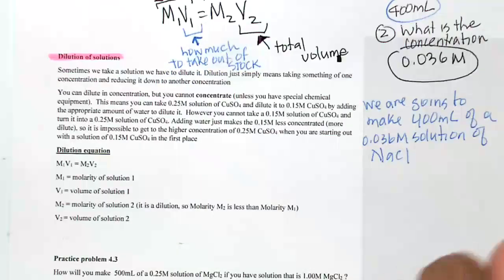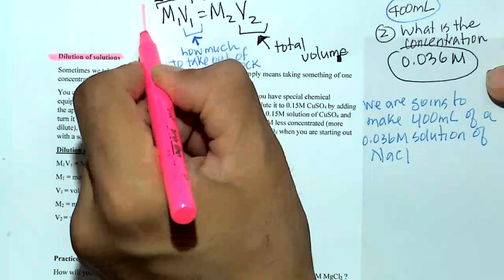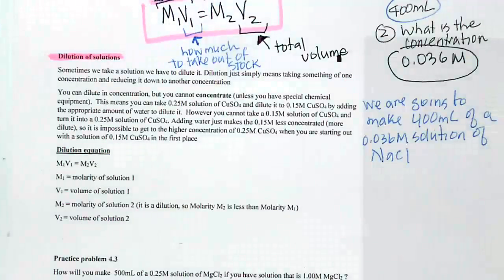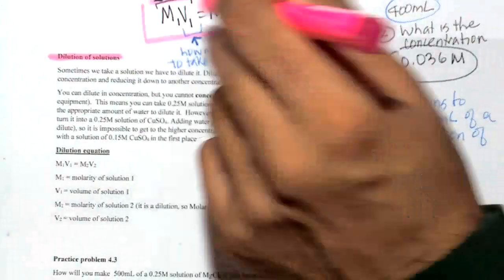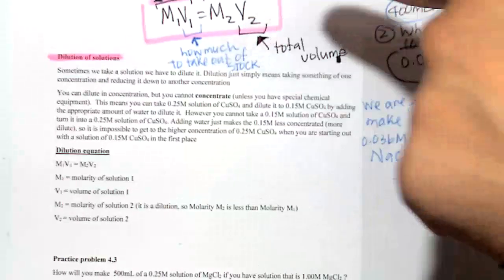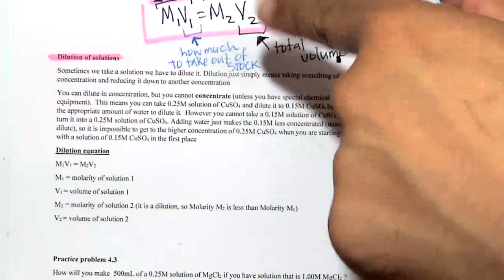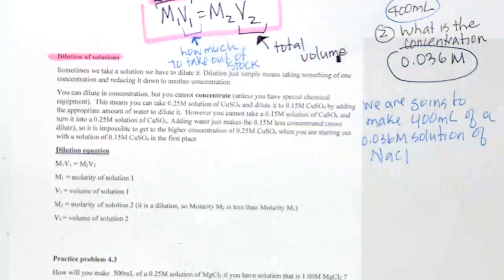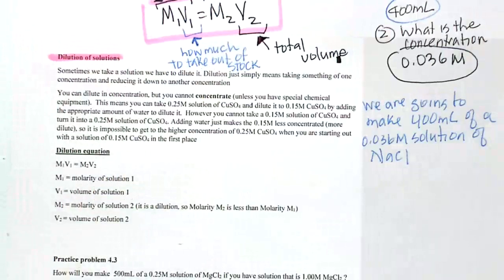So the equation we're going to use is M1V1 equals M2V2. This is a good equation to memorize. Even the nursing majors, future nurses, will use this. I know this because there's a nursing person at Fort Liberty who works with us, and he told me he made his solution through this equation.